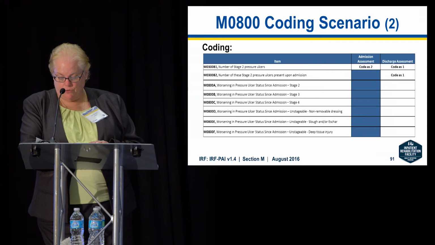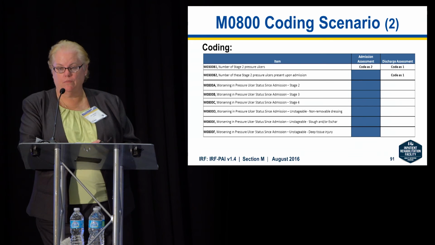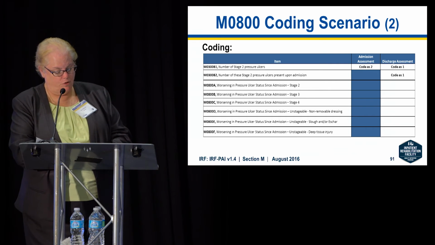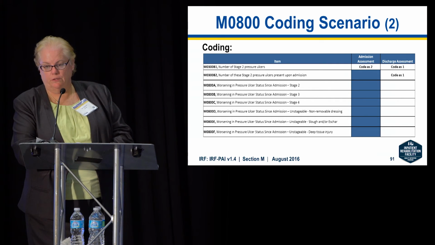M0800A, worsening in pressure ulcers since admission, stage 2. Any new or worsening stage 2 pressure ulcers at discharge? What do you think?